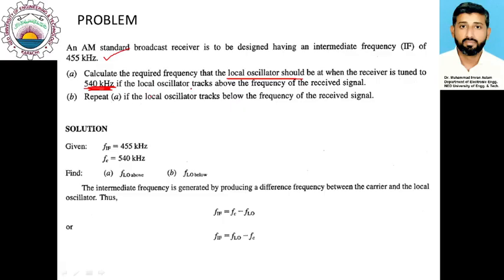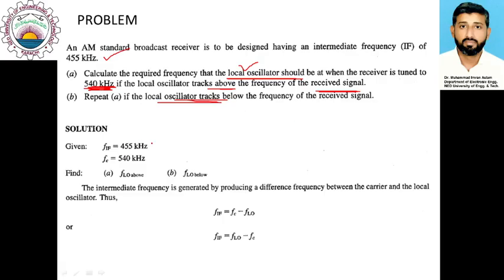However, we want to calculate this local oscillator frequency for two cases. For the first case, we assume that the local oscillator frequency is above the frequency of the received signal, and for the second case, the local oscillator is below the frequency of the received signal.